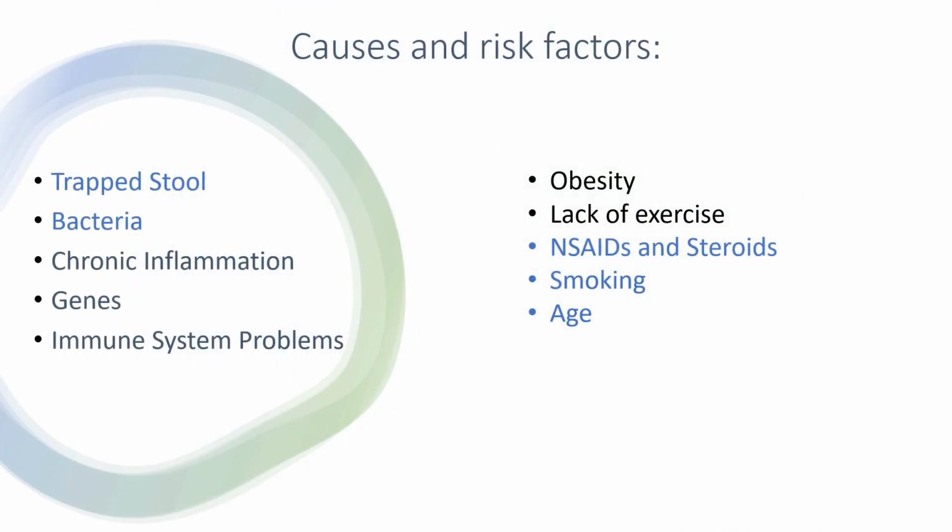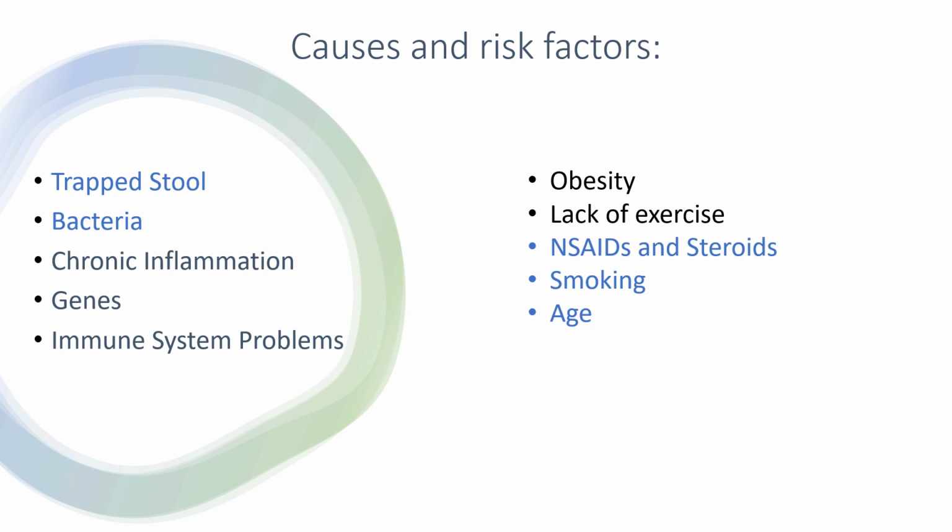Causes and risk factors. Although the cause of diverticular disease is unknown, there are many risk factors that play a part in causing the flare-up to happen, which is known as diverticulitis.